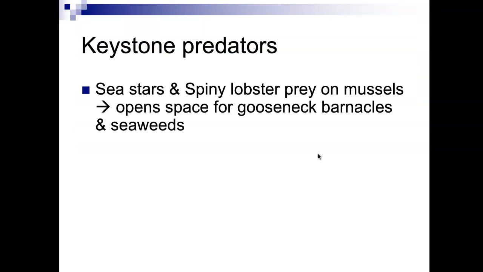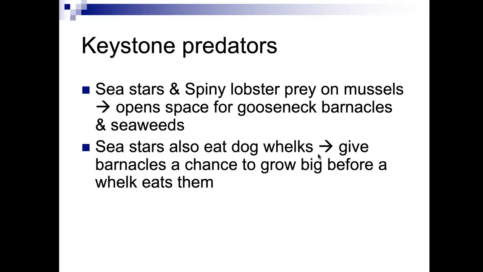Our sea stars and our spiny lobsters are going to prey on mussels, and this is going to open up space for other things like gooseneck barnacles and seaweeds. Without those predators there, it completely decreases the biodiversity in that environment, completely changes those communities to where they are almost a monoculture of just one species. And in this case, it's mussels.